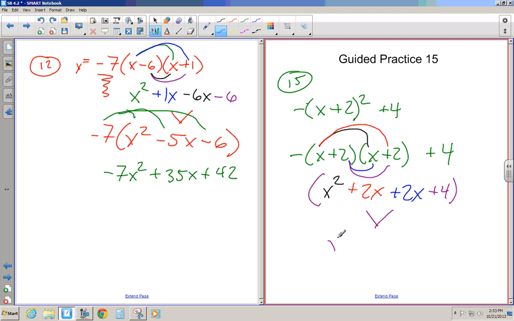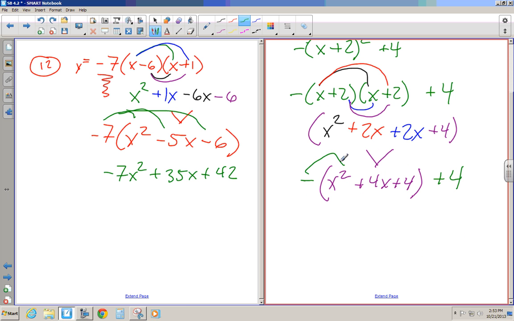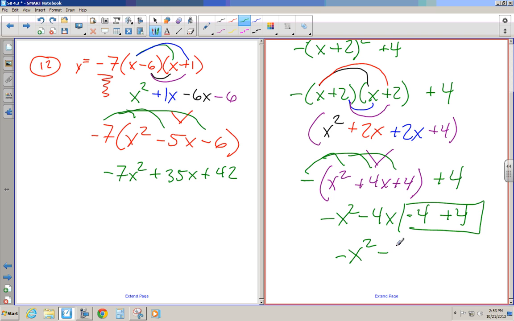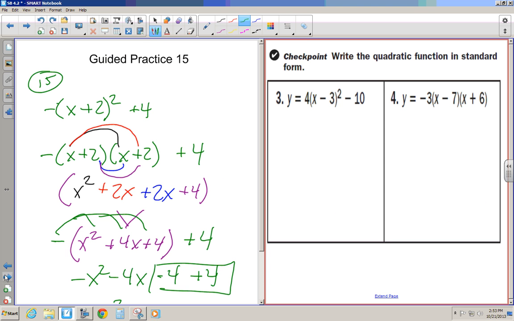We combine like terms and get x squared plus 4x plus 4. But we cannot forget the minus sign out front and the plus 4 on the back side. So the negative changes the sign of everything inside the parenthesis. And now negative 4 plus 4 becomes 0. You get negative x squared minus 4x. So that's foiling. There's a bunch of examples of foiling. Please make sure you finish the guided practices.